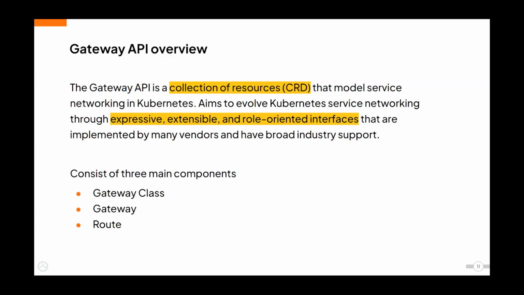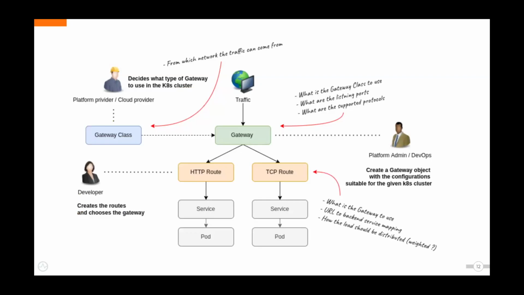Now, in the Gateway API, they mainly introduce a new set of custom resources: GatewayClass, Gateway, and Route, right? Now, this is just a diagram explaining what these components are. So quickly, let me explain this. In an organization, there could be a team who whitelists the applications that you can use within the organization, right? Some organizations might choose Java and .NET, only those languages you can use within the organization. And when it comes to a project within that organization, they choose, okay, I'm going to use Java for this project, right?